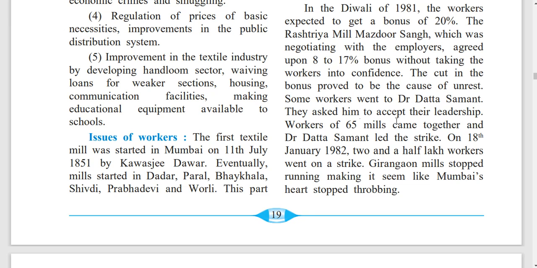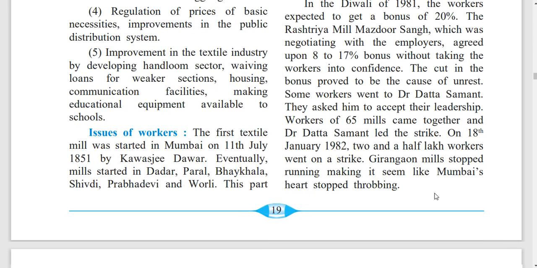They asked him to accept their leadership. Workers of 65 mills came together and Dr. Datta Samant led the strike. On 18th January 1982, 2.5 lakh workers went on a strike. Girangaon mills stopped running, making it seem like Mumbai's heart stopped throbbing.